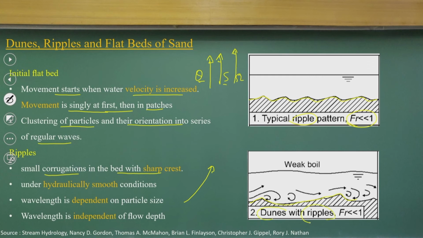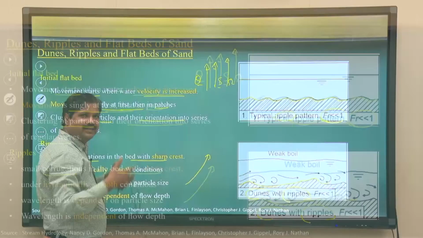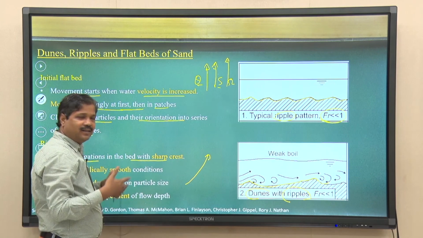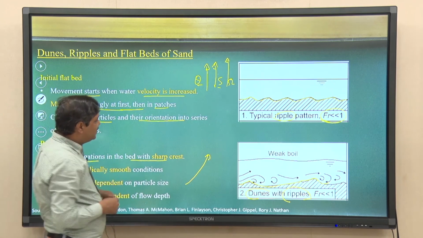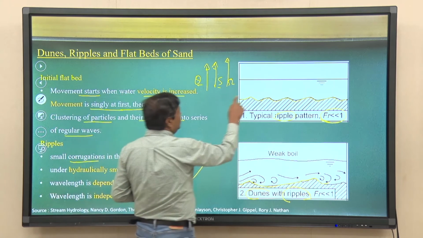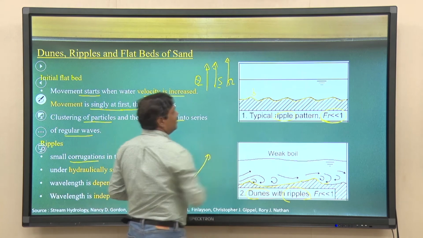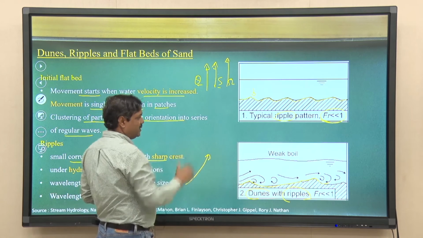You can try to understand it when you have channels and you are increasing the slope or increasing the discharge. Initially there will be a flat bed, then it will come with the ripple patterns.